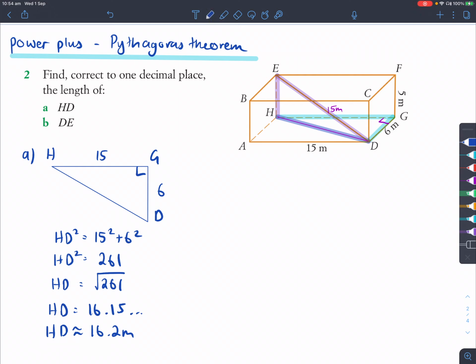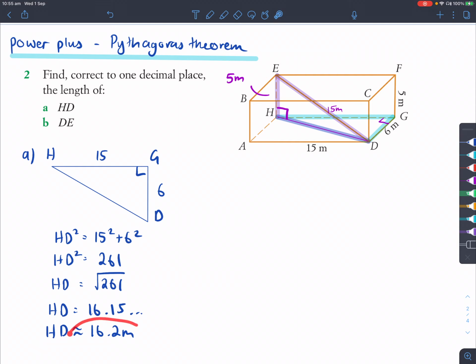Now, this angle here on the very corner is a right angle, right? So this line on the bottom rectangle, as well as this vertical line, must create a 90-degree angle for the rectangular prism to be upright in shape. So we've actually got two measurements here. We've got EH, which is just the height of the rectangular prism anyway. That's basically the number 5. So I'm going to label 5 right there. Then DH, we already found as well.